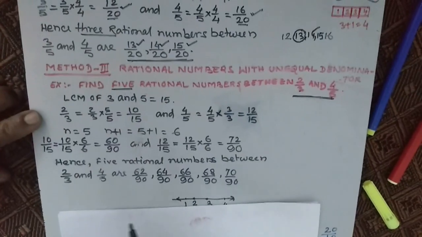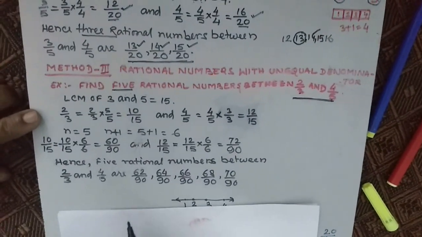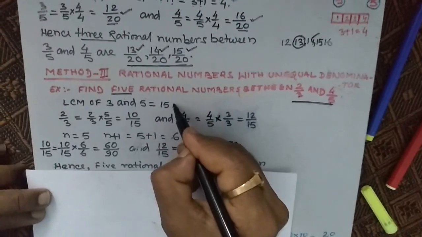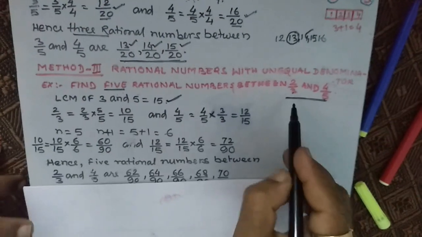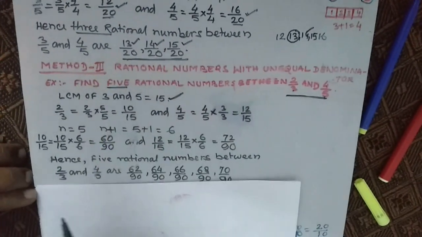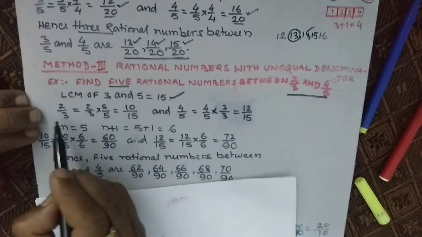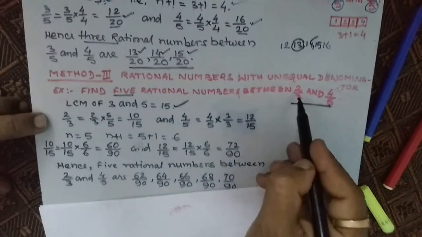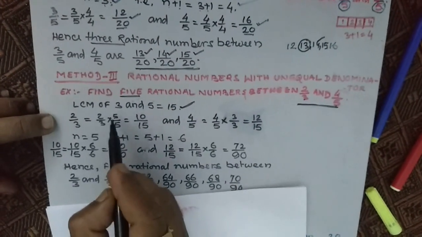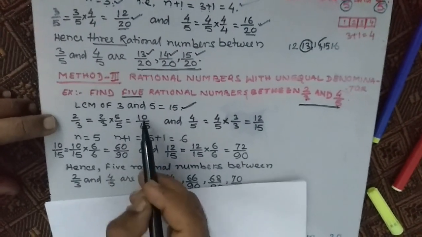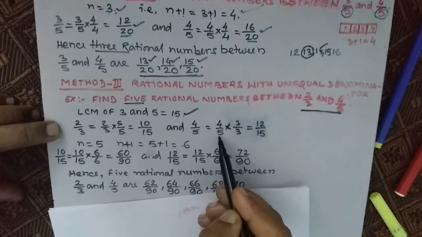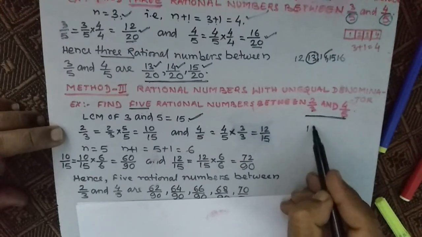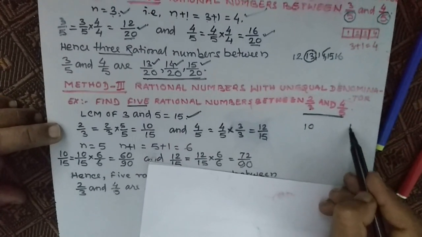To do that, first find the LCM of the denominators: 3 and 5 gives 15. To get 15, multiply the numerator and denominator of the first rational number 2 by 3 by 5. It is 10 by 15, and for the second rational number 12 by 15. Then you have got 10 and 12.